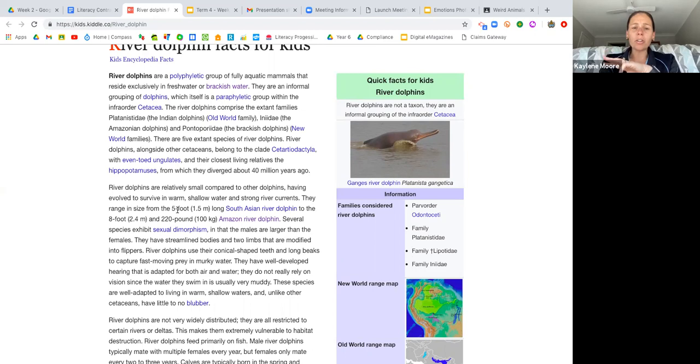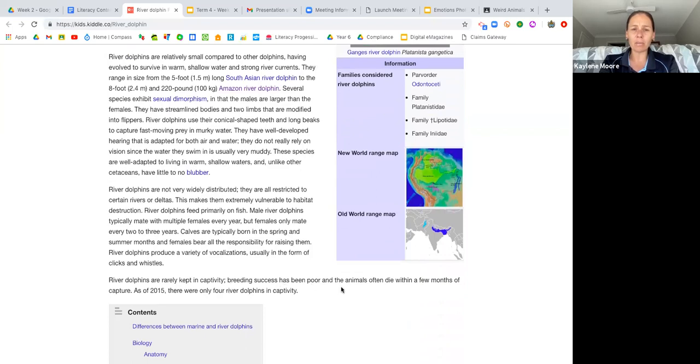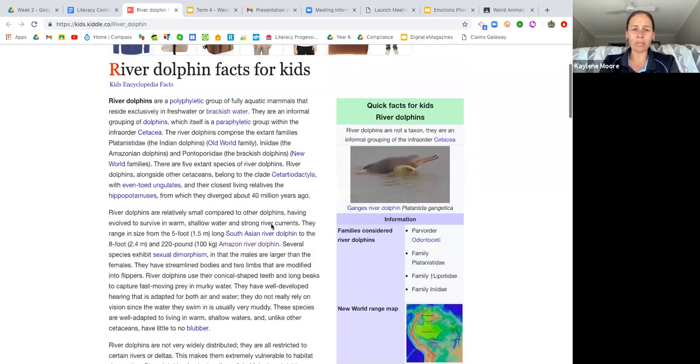They also tell us about their relatives at the bottom of the first paragraph; they talk about their closest relatives. That's another thing they've told me about. At the very beginning, they've told me they're mammals, so they've told me the classification.